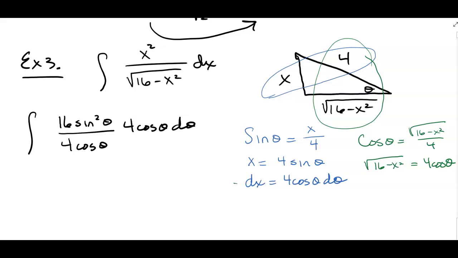You can always feel like you did a pretty good job of getting this right if a bunch of stuff cancels, and that's what's going to happen here. So let's go ahead and cancel away. I'm going to move my 16 out front, and it looks like I have 16 sine squared theta d theta.